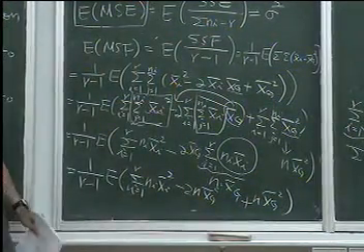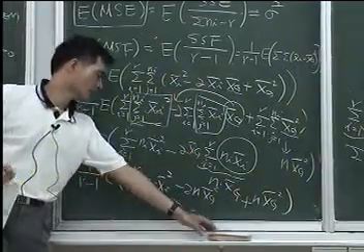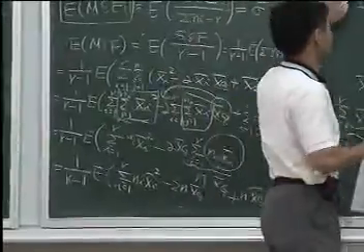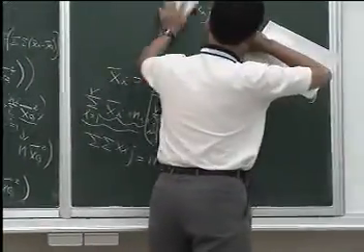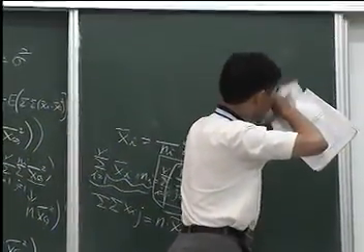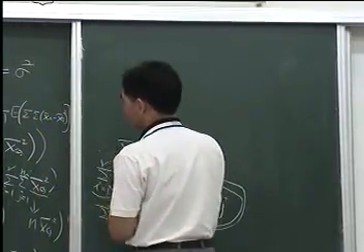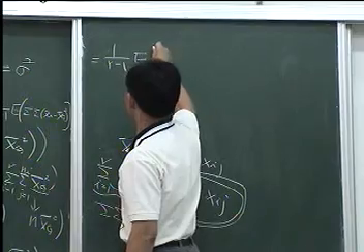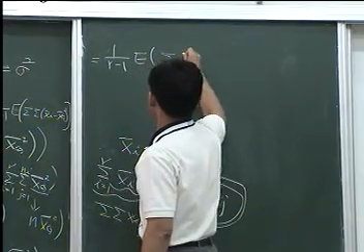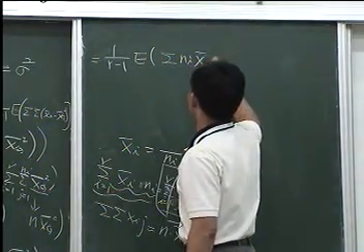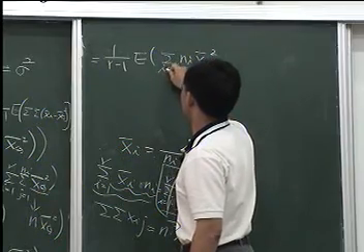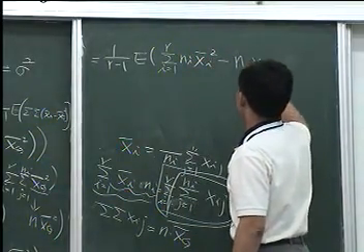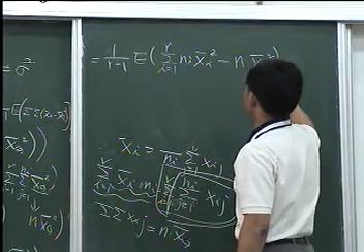So this is what we get. So then we can simplify further. Actually, what do we get? We get 1 over r minus 1 expectation summation n_i x bar i squared, i from 1 to r, minus n x bar g squared.